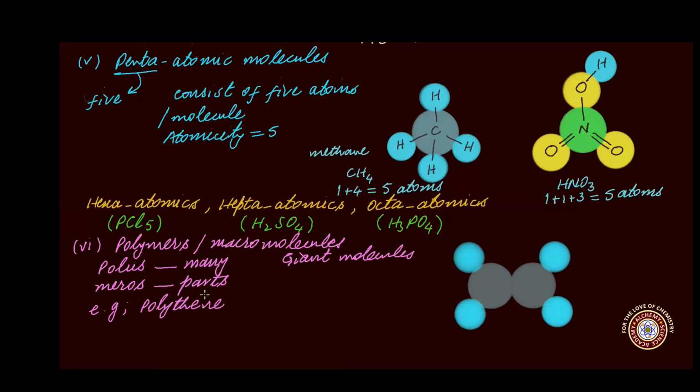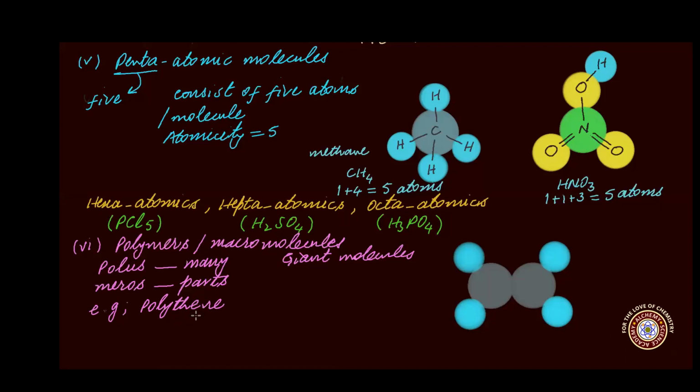Polymers are the macromolecules which are formed as a result of a chemical process called polymerization. Polymerization is of two kinds, that is addition polymerization and condensation polymerization. Keep in mind that polythene is an example of an addition polymer.